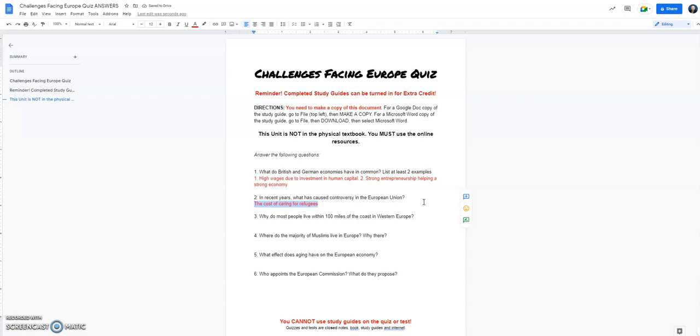A lot of people were coming in from war-torn parts of the world, and the cost of caring for those refugees was expensive. And some European Union countries didn't want to pay it. Some European Union countries wanted to help. They all had different opinions about how to help refugees and if they should help them. And that became a controversial topic amongst the European Union nations.